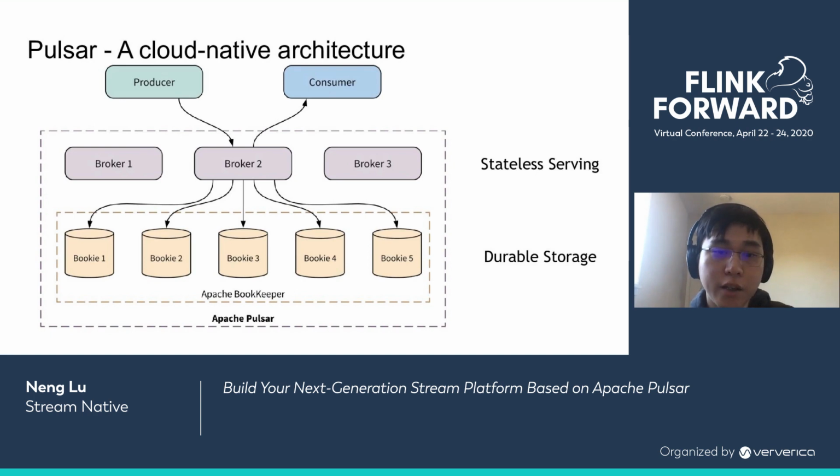And then we have a durable storage layer, which is responsible for saving all the data, and serving it whenever needed. With this separation of computing and storage, we can scale out either brokers or bookies separately to fulfill our needs without having to worry about bindings or limitations and those kinds of things.